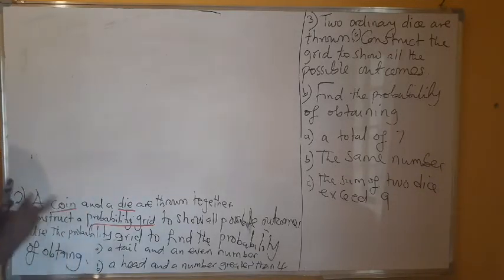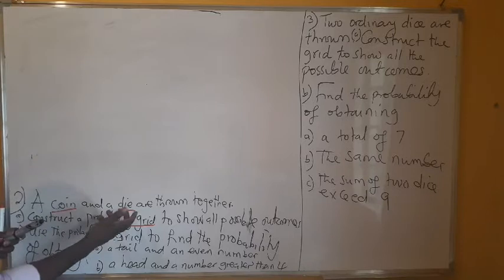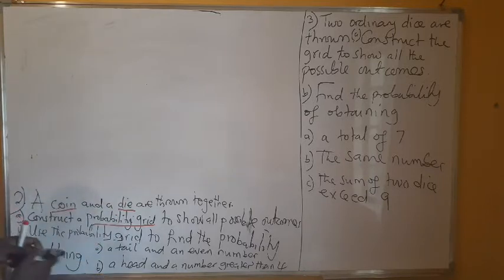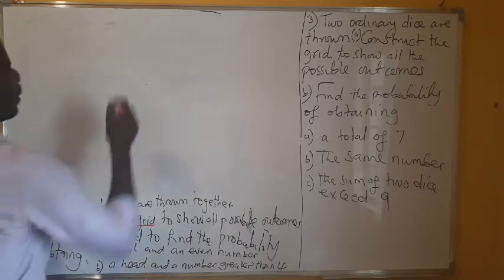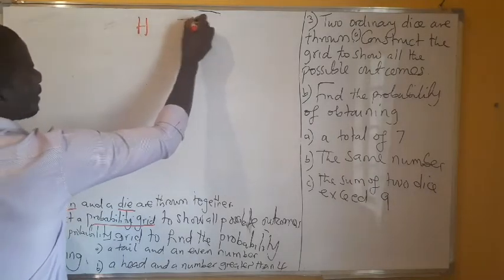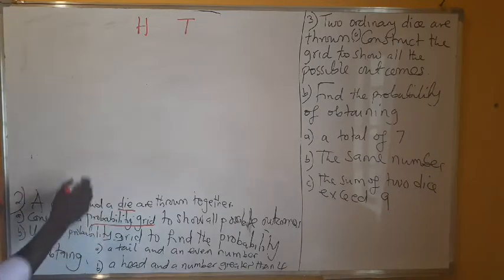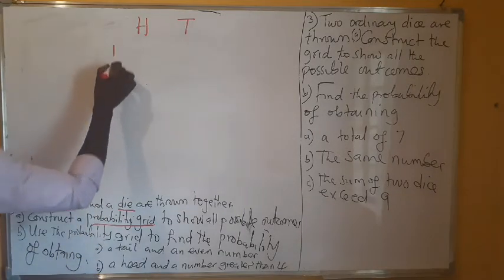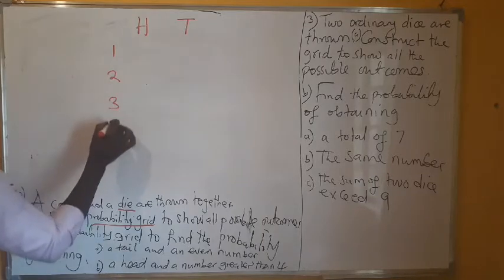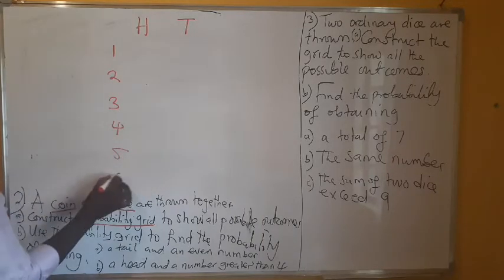Now, we have a coin. We're talking about an ordinary coin, a fair coin, and an ordinary die. On a coin we have 2 possible outcomes, which are a head and a tail. Then on an ordinary die, we're expecting 1, 2, 3, 4, 5, and 6.